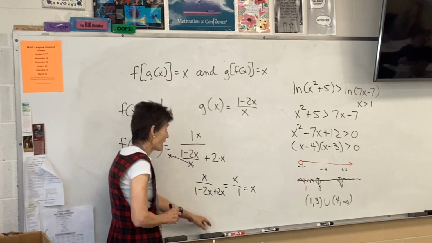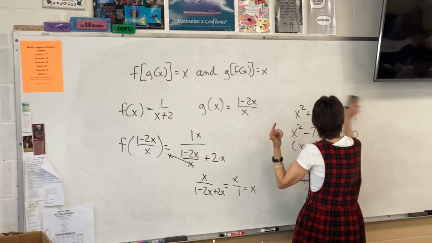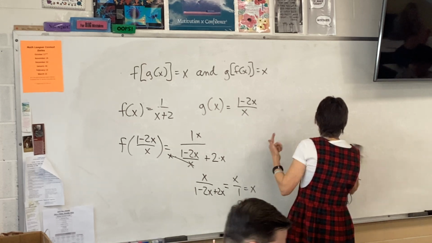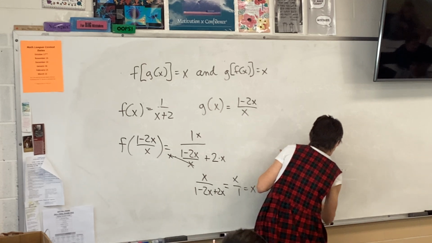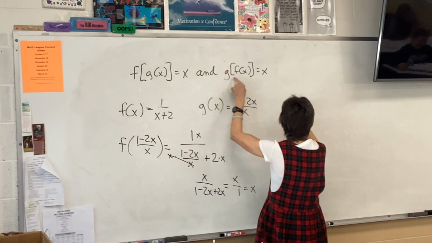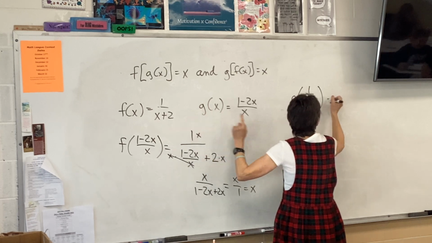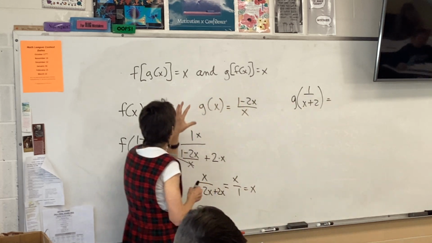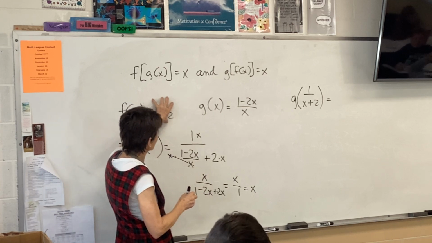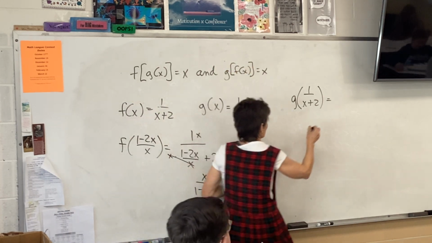Now I'm going to turn around and do exactly the same thing in the other order. So I'm going to find g of f of x. I am plugging my f function into my g function.